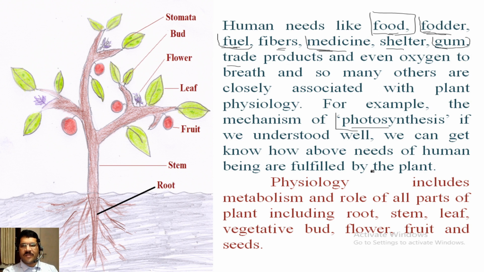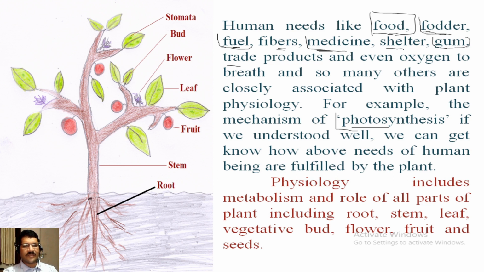Now physiology includes metabolism and the role of all parts of the plant, including root, stem, leaf, vegetative buds, flower, fruit and seeds. So in plant physiology we will learn about each and every part of the plant and the physiological processes associated with it. Let us start with roots.